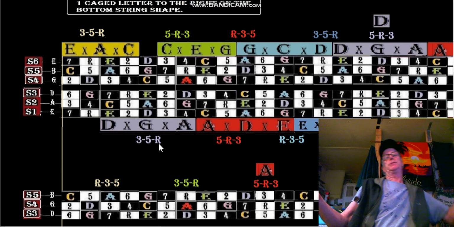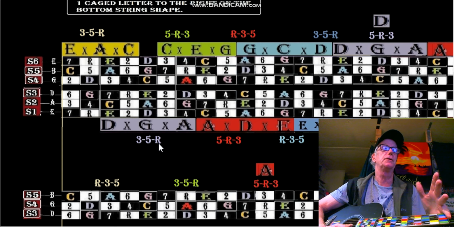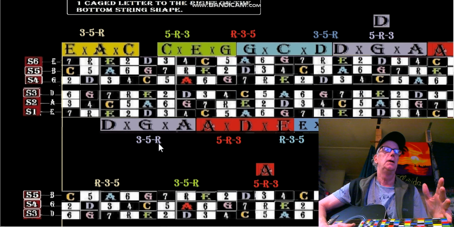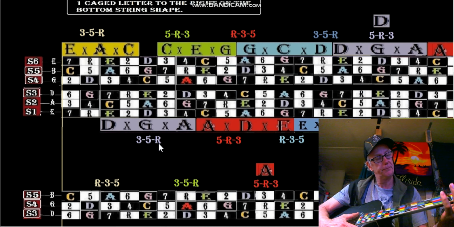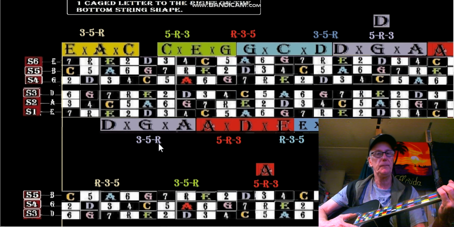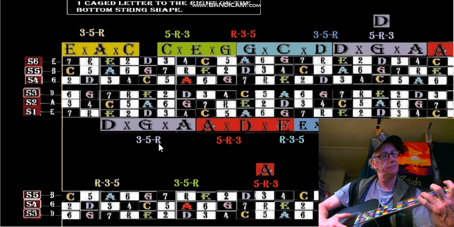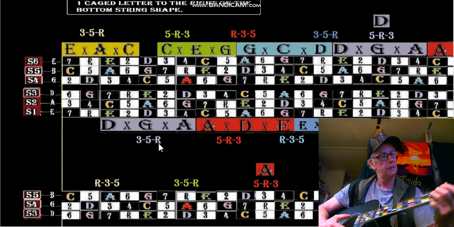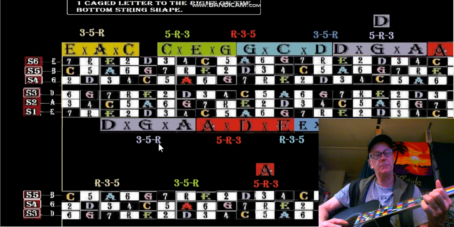So anytime you're doing a D box, they're not from the open strings now, but from the barred, so you can go below the fret nut. So you've got your D. Say in the key of C, it would be a D-shaped C here.